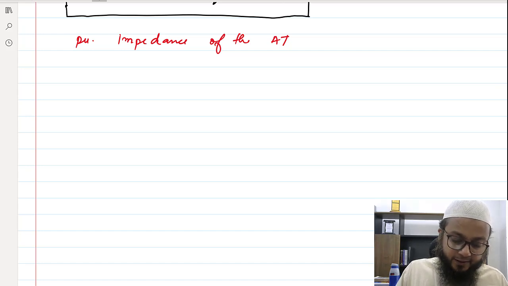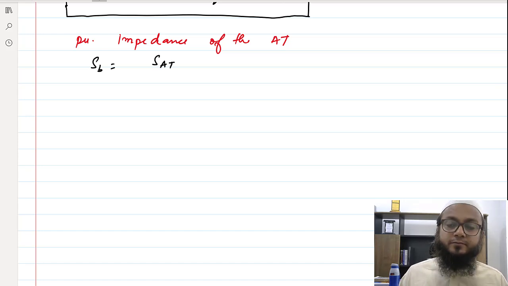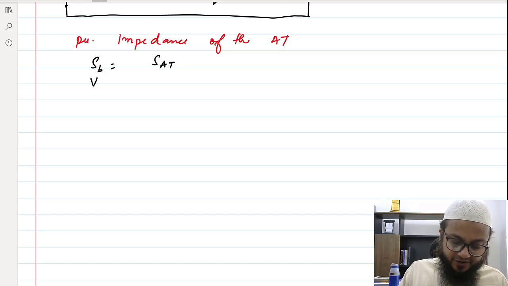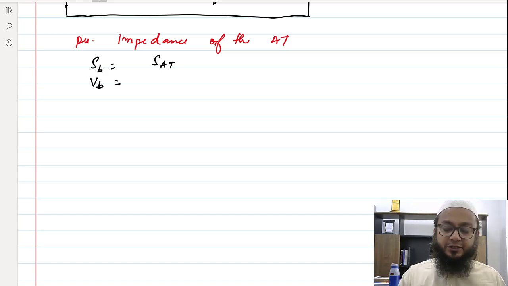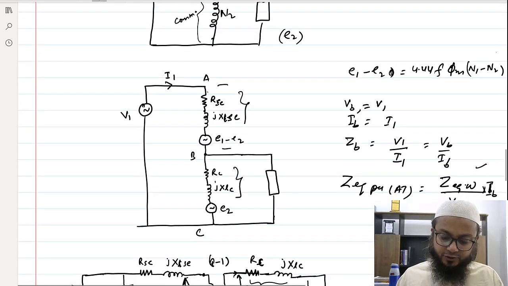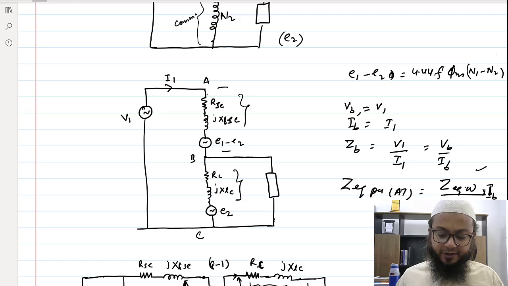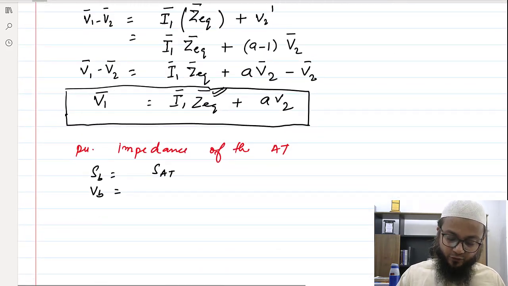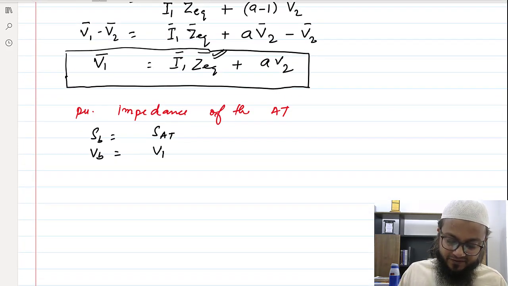Let's say the S base, I'm choosing the apparent power of the auto transformer as the base apparent power, and VB I'm choosing, let's say, V1 for this auto transformer. So VB is, let's say, V1.